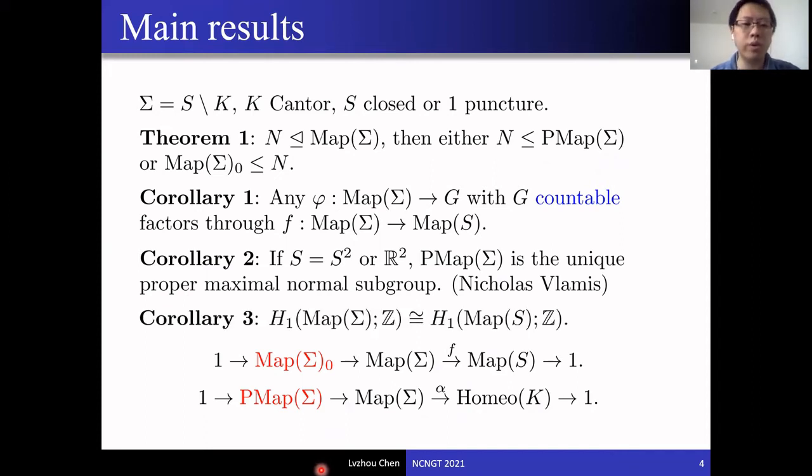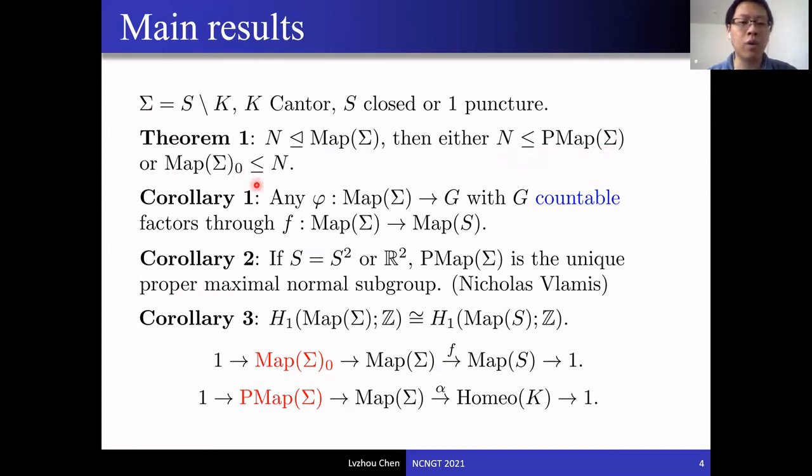We can also use theorem 1 to compute the first homology of such big mapping class groups. And they agree with the first homology of the ordinary mapping class group. And the isomorphism is induced by the forgetful map. And the way you see this is to consider the commutator subgroup of the big mapping class group, which is normal, but you can easily verify that it's not contained in the pure mapping class group.